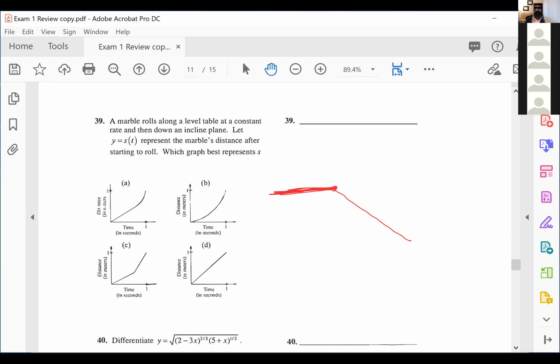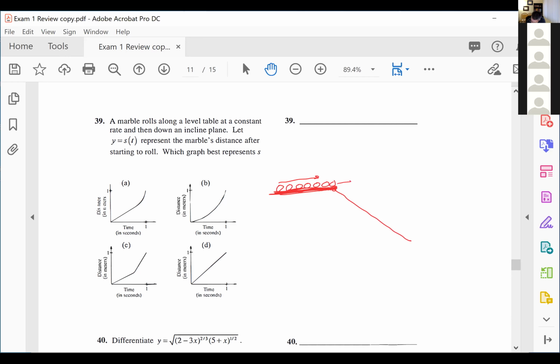Okay, so it seems like if I roll a marble, the distance would increase at a constant rate, because this seems like it would be going along at a kind of constant rate. There might be some friction involved, but for the most part, it's going to speed along at a certain rate, and it's not going to slow down much.